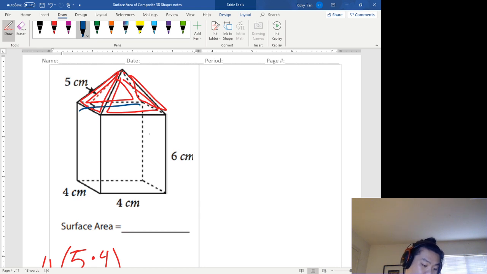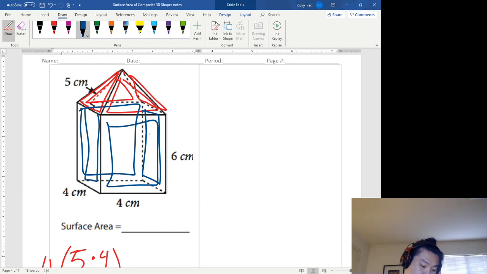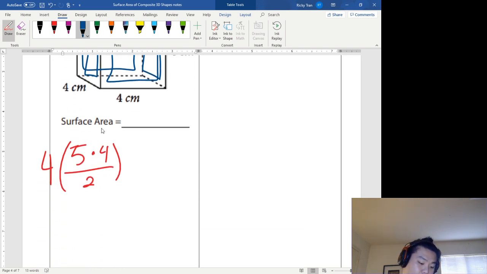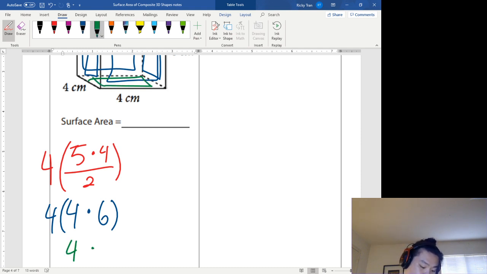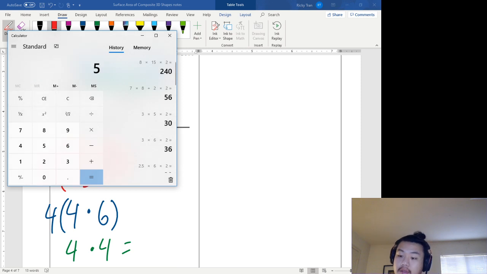Then we have a rectangle here, a rectangle here, a rectangle in the front, a rectangle here, and that's 4 times 6, and there's 4 of those rectangles. Then we have our bottom square, which is just 4 times 4. So 5 times 4 divided by 2 times 4 is 40.